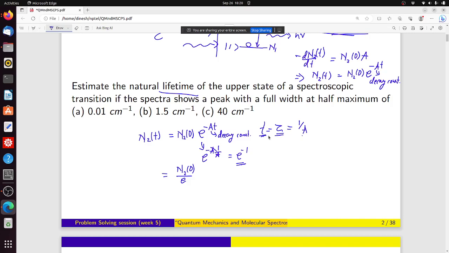So at this time tau, what happens? The initial particles decay by 1 over e. This e is called the natural number actually.